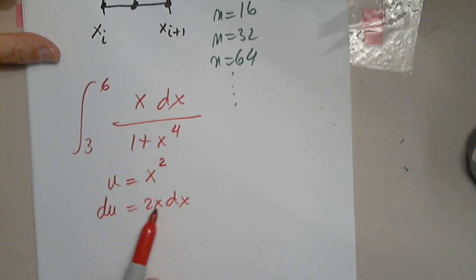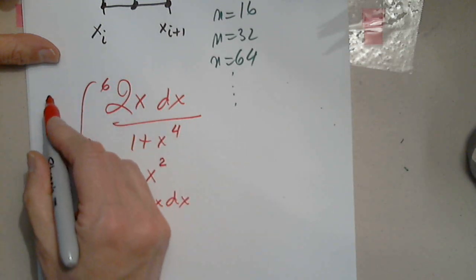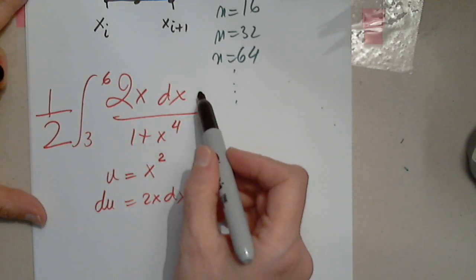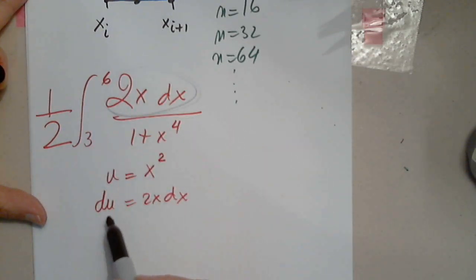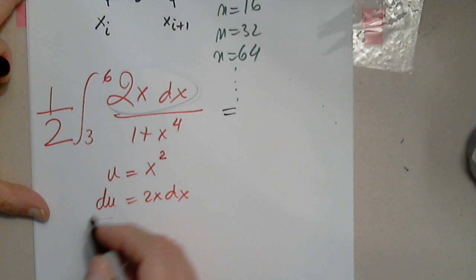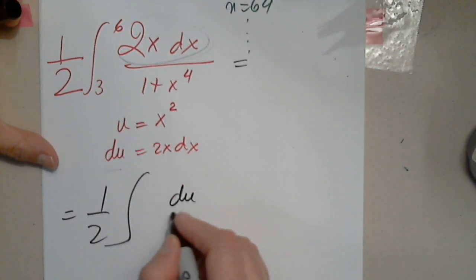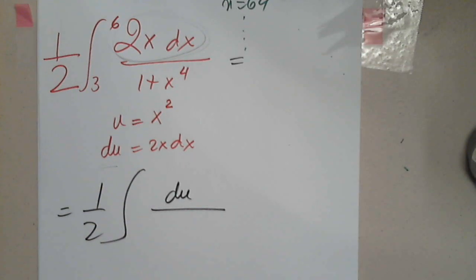X dx, nice. What I don't have is the 2, but 2 I can always make up. Do not copy the limits of integration. The numerator is du. Can anyone give us the denominator?